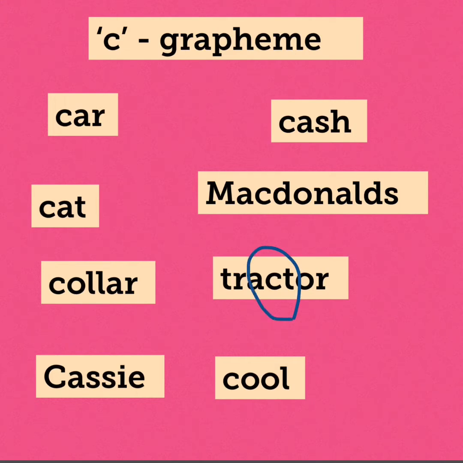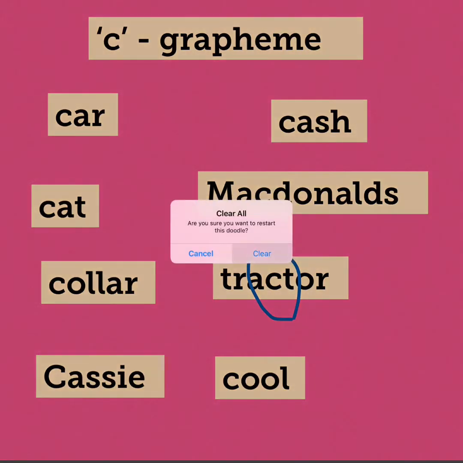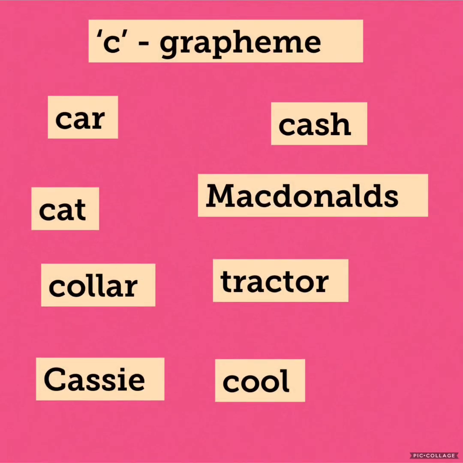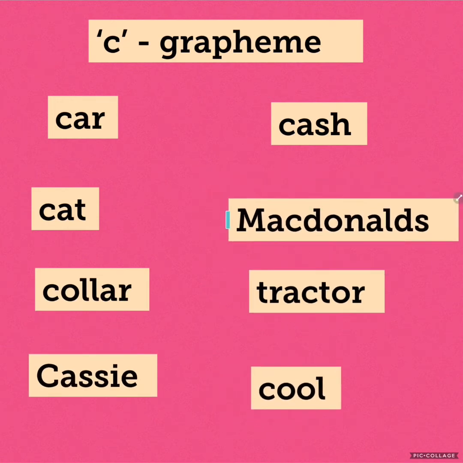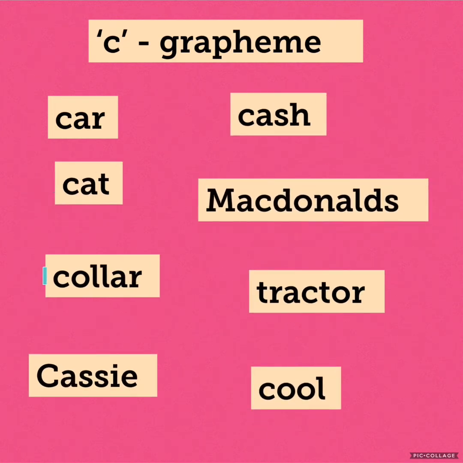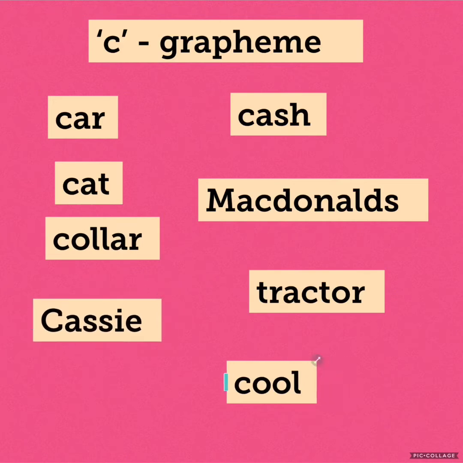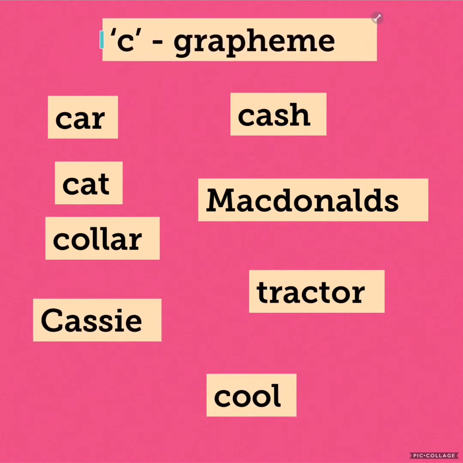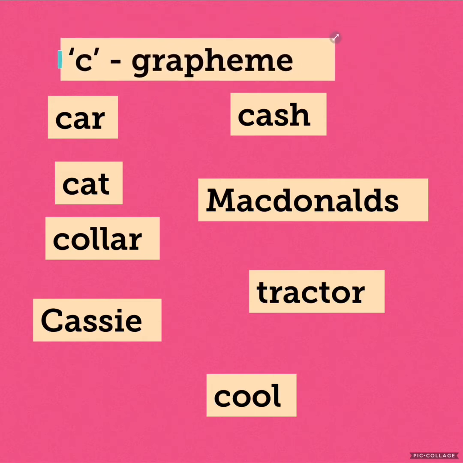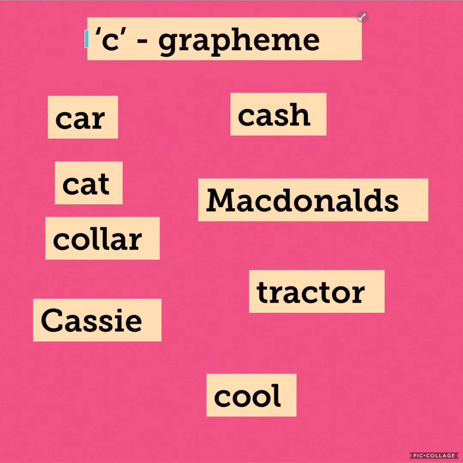The C is in the middle of the word, and that C represents the K phoneme in tractor. Can you boys and girls please read the rest of these K words to your mum or dad? And if you can come up with any other words with that letter C representing the K phoneme, please post a comment in the comment section of this dojo.